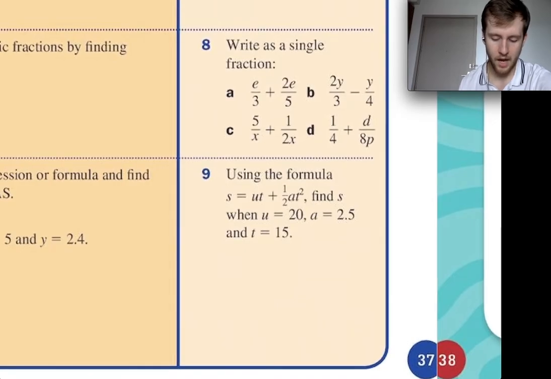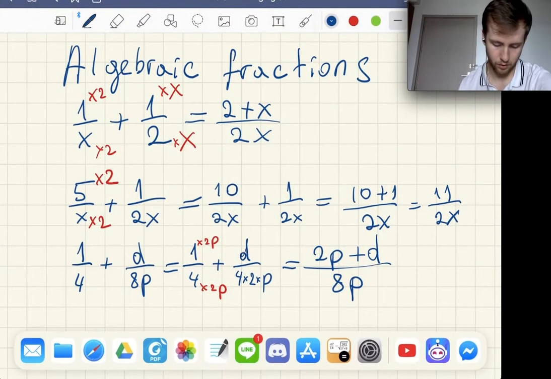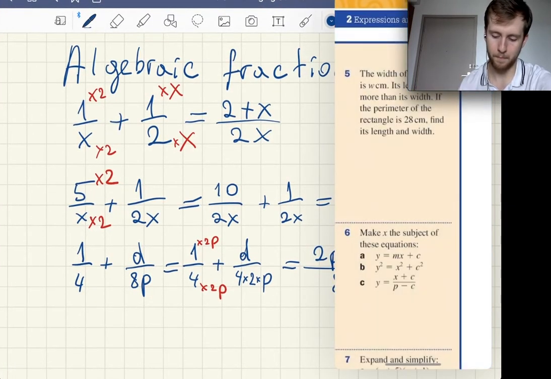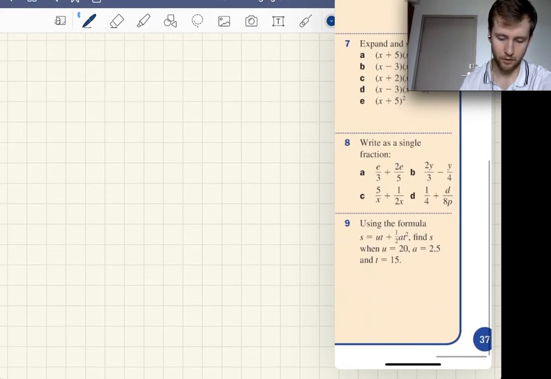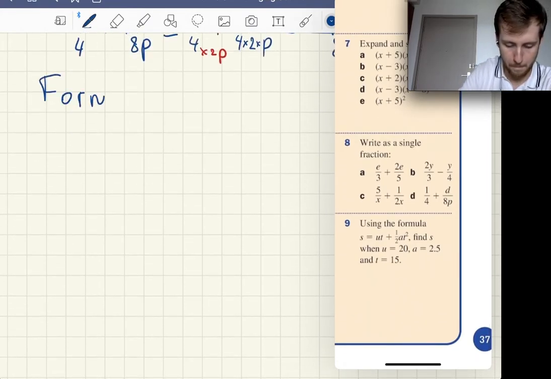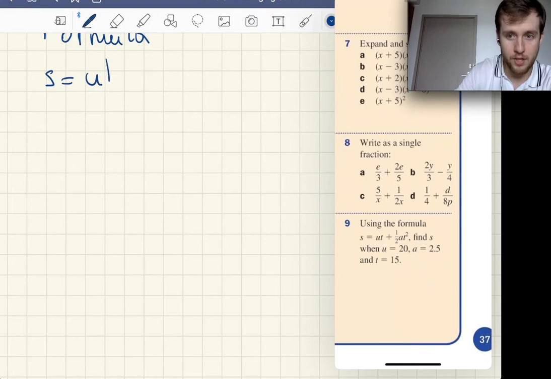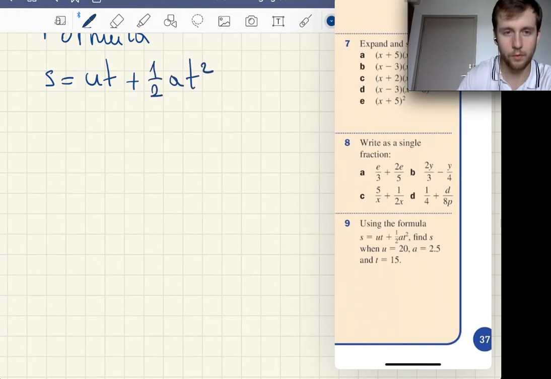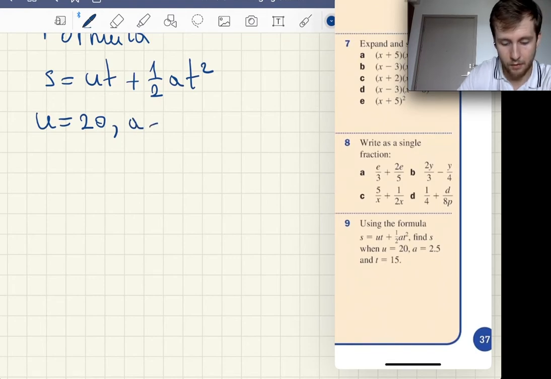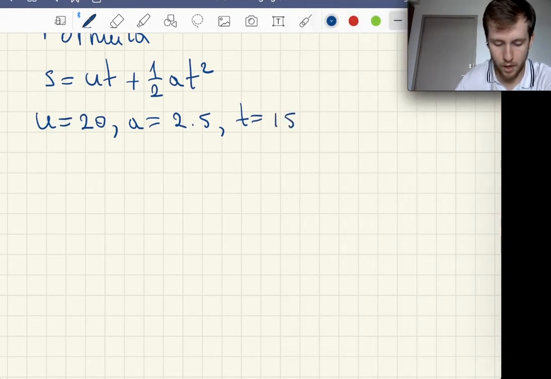Using the formula S equals ut plus 1/2 of at squared. u is equal to 20, a equals 2.5, t is equal to 15, and we have to find s. We have to find s from all this information.